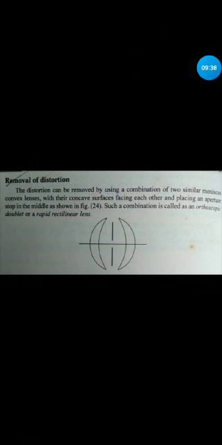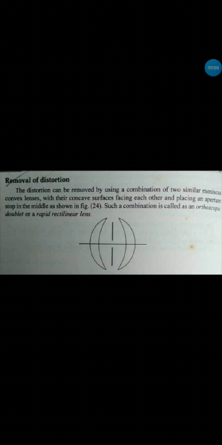Now, how can we remove the distortion? That means removal of distortion. As shown in the figure, the distortion can be removed by using a combination of two similar meniscus convex lenses with their concave surfaces facing each other and placing an aperture or stop in the middle, as shown in the figure.